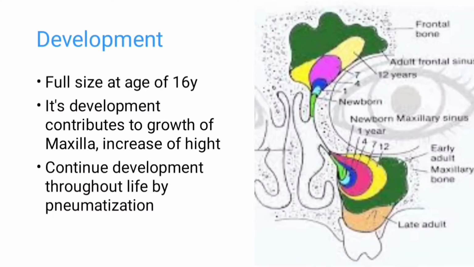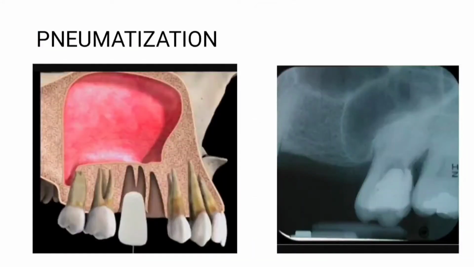However, the development of maxillary sinus doesn't stop at childhood, but after extraction of upper posterior teeth, it continues development by a process called pneumatization. In normal condition and full dentition of the upper posterior teeth, the positive air pressure within the sinus is opposed by the occlusal forces falling on the upper posterior teeth.